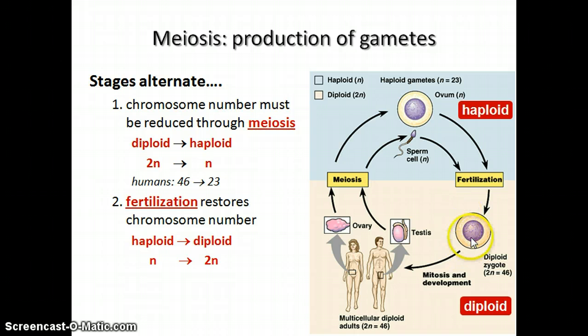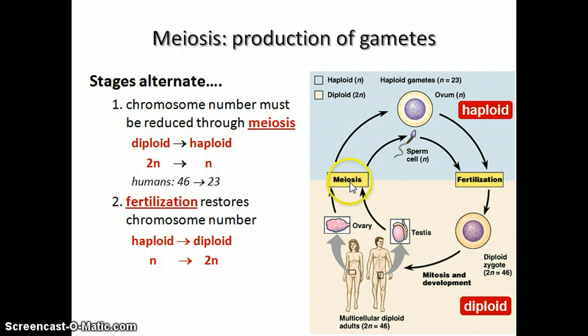This is a zygote or an embryo that, through mitosis, grows and develops into a full-grown adult. And then the adults produce haploid gametes, and those are produced in the male in the testes and in the ovary of the female. That process of producing gametes, sperm and eggs, is through meiosis.